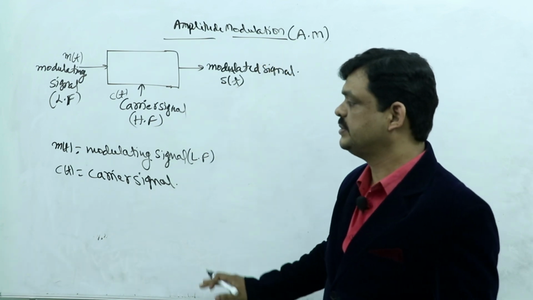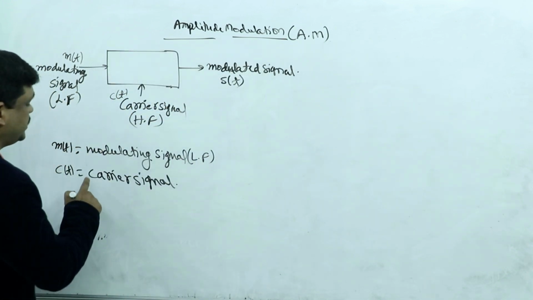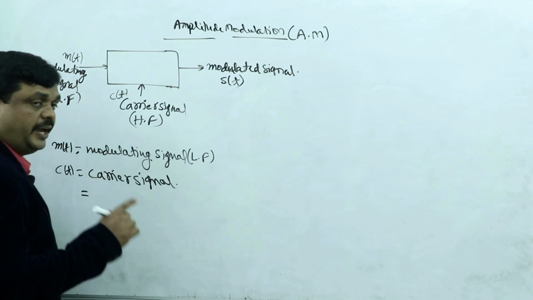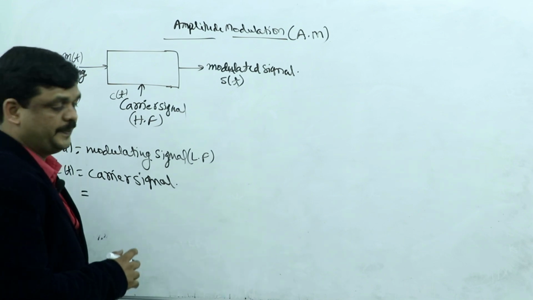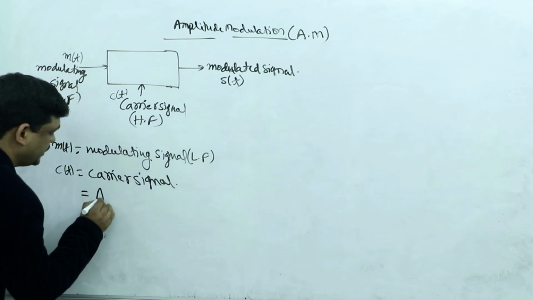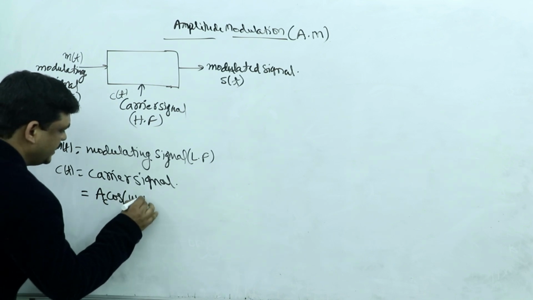Amplitude modulation comes under continuous wave modulation. That's why I am taking this carrier signal. The standard equation is a continuous time signal, a sinusoidal signal, which I am taking like this: AC cos of omega ct.